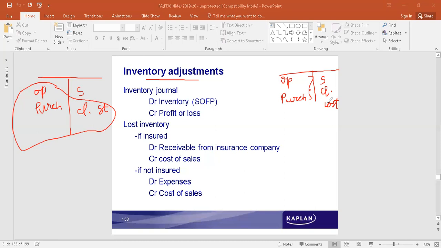If the accident is insured, if it is foreseen that there is a possibility of such accidents happening in the factory premises and there is an insurance coverage, in that case it would not be a loss, but to that extent the claim would be received from the insurance company.